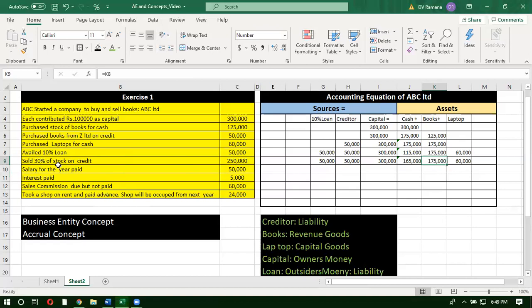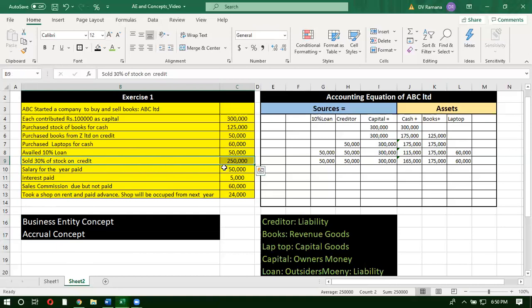What does that mean? First, let me bring a question to the conversation: should we record this transaction? We are not going to get cash immediately. The answer is yes, because of the accrual concept. The accrual concept says both cash and credit transactions should be recorded as and when the transaction happens.